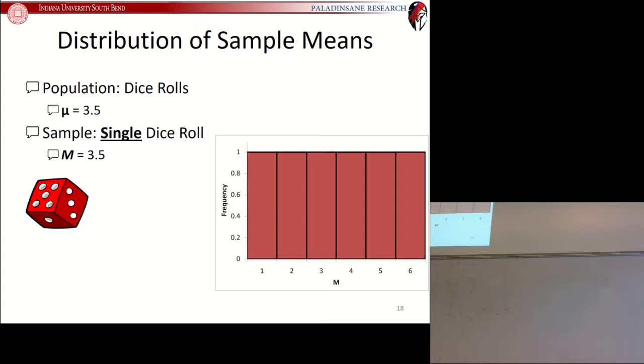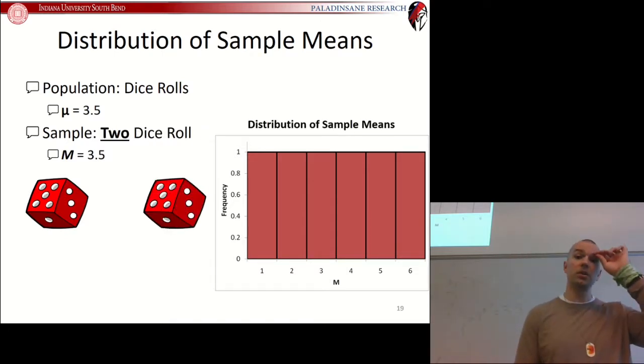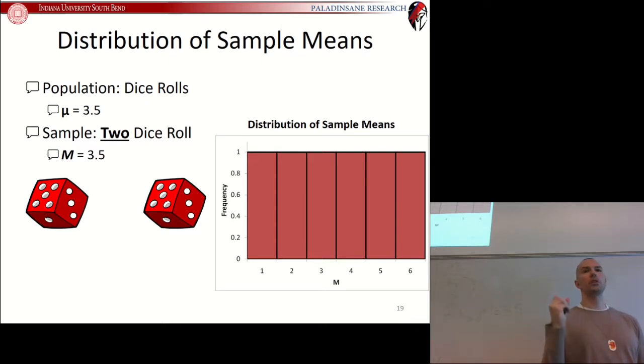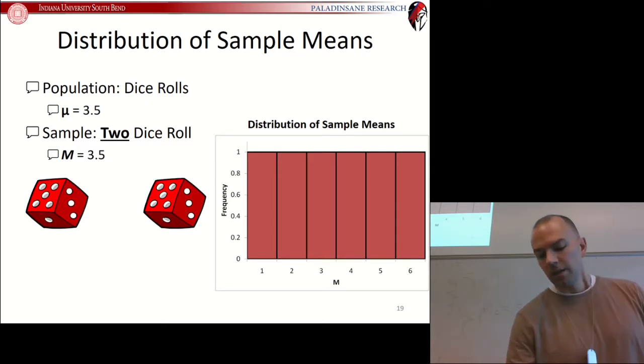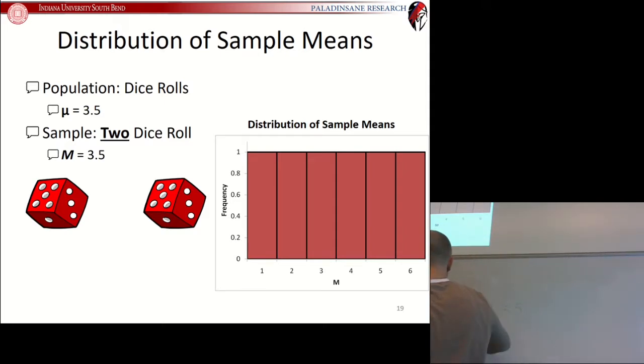In every other instance, as soon as you have more than one subject in a sample, like if we roll 2 dice, your distribution of sample means changes from your population. So for 2 dice rolls, you roll your first sample, your first 2 dice, you get a 5 and a 3, the mean of that is 4.